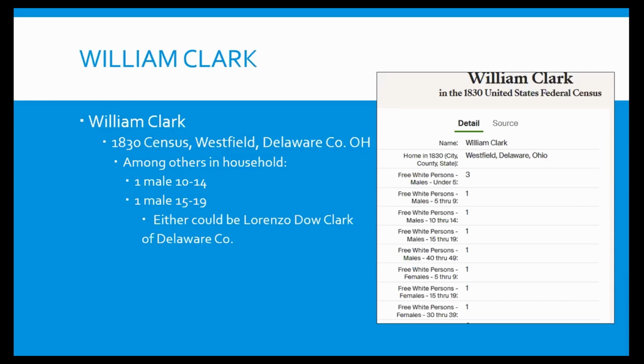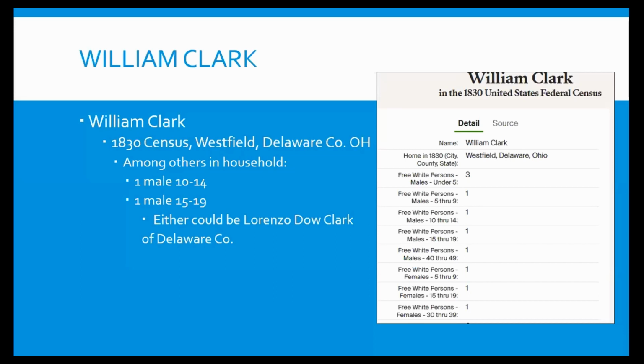Either one could be the Lorenzo Dow Clark that lived next door to Sally in Delaware County in 1840. And either one could be the Lorenzo that we're looking for that was in Seneca County. So he's the right age to have a son that age, and he's got some sons in his household that could have been born around 1817.